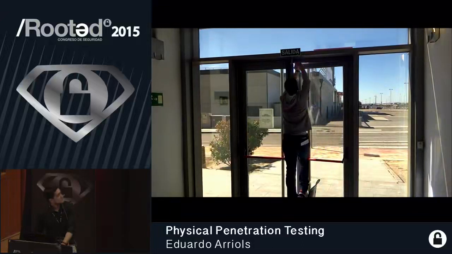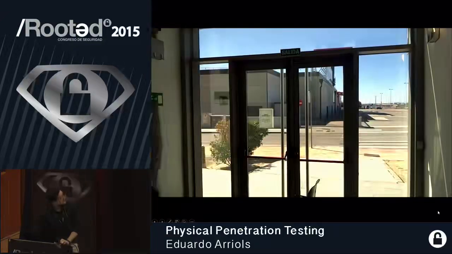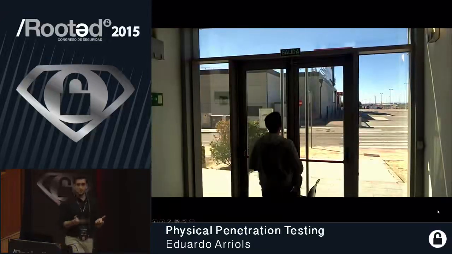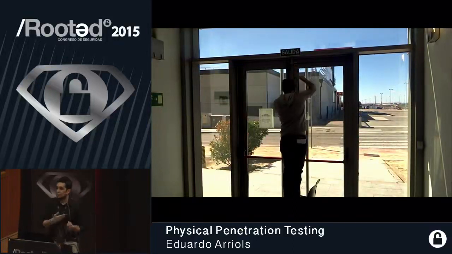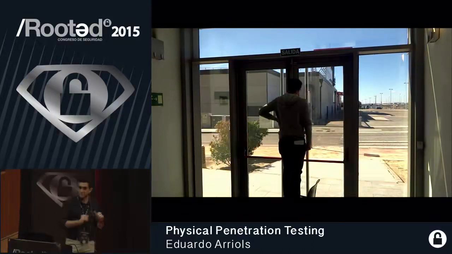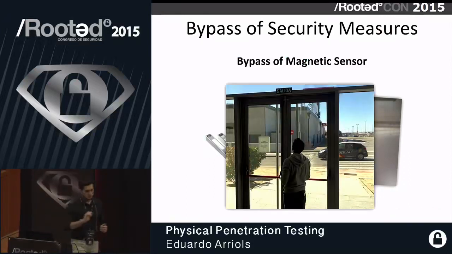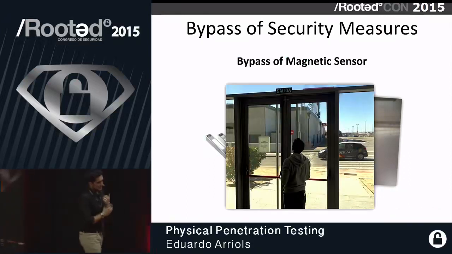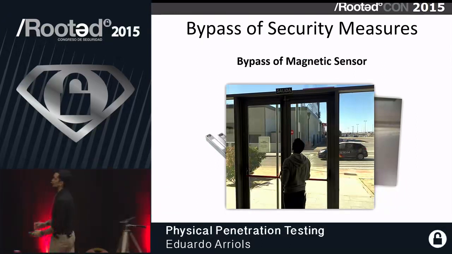This door has an alarm connected. In this company, it is a very windy area. When there is a little wind running through, the alarm goes off. A very important thing when you are going to do these tests is that you need to know what's on the other side of the door.